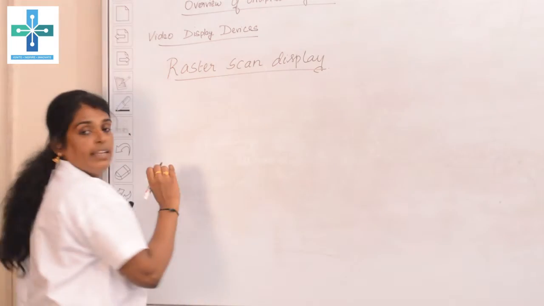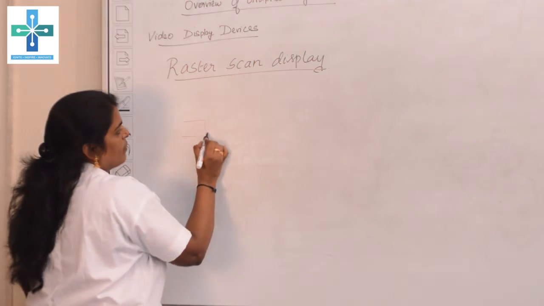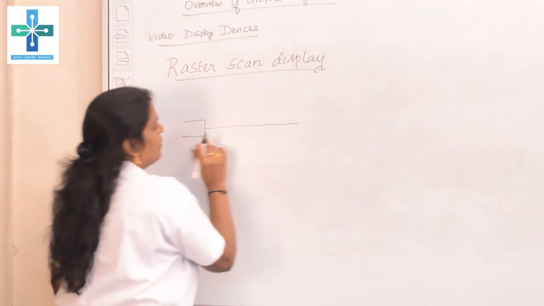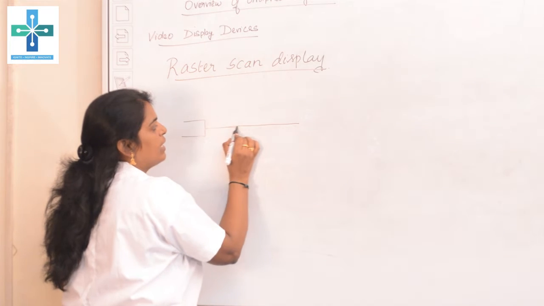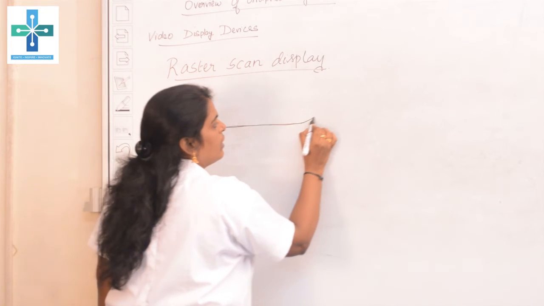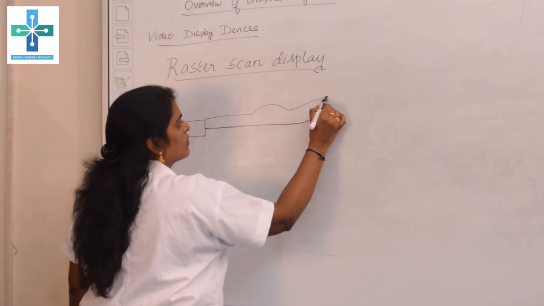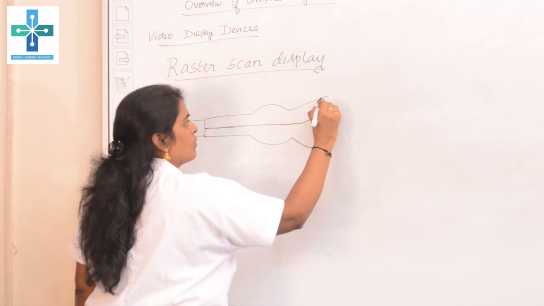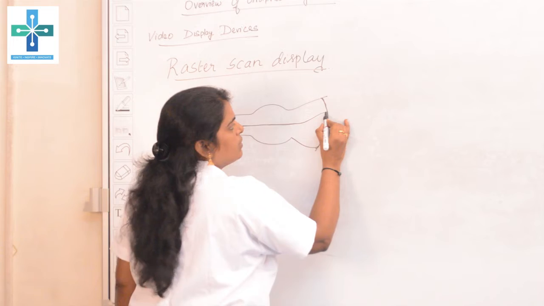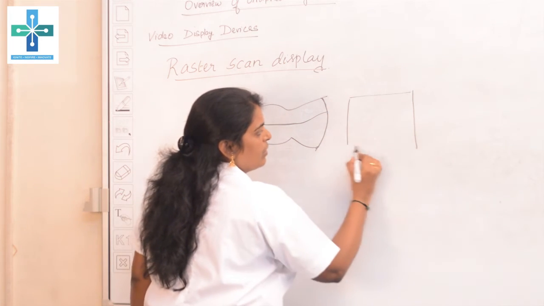In this raster scan display, the electron beam from the electron gun, as it is generated on the screen, if this is the point of the screen, let us assume this as the screen.